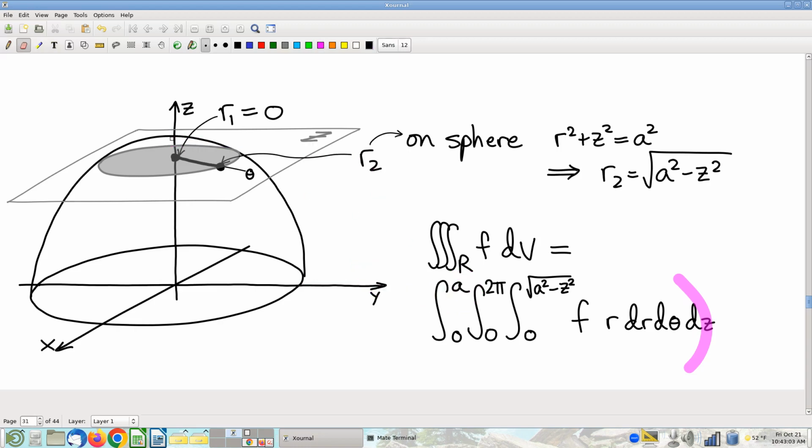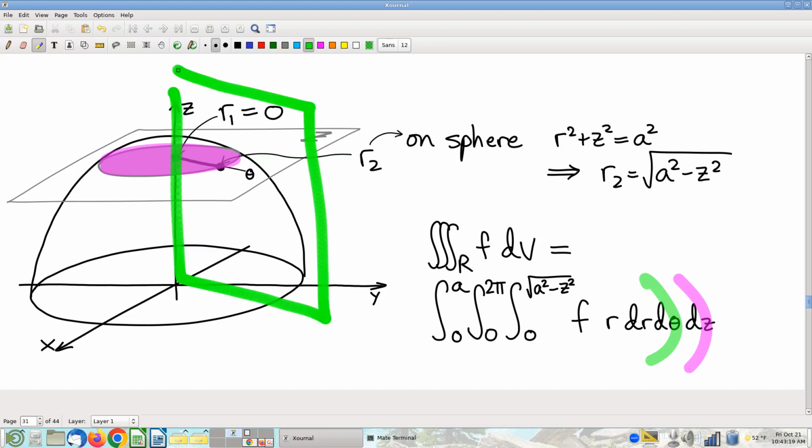Then we focus on an arbitrary Z slice. Now we're looking at theta. What do theta slices look like? Well, theta slices are like this, but keep in mind, I don't need the theta slice of the whole solid.